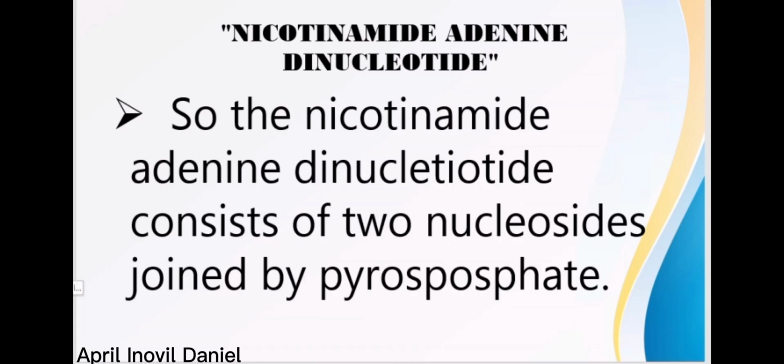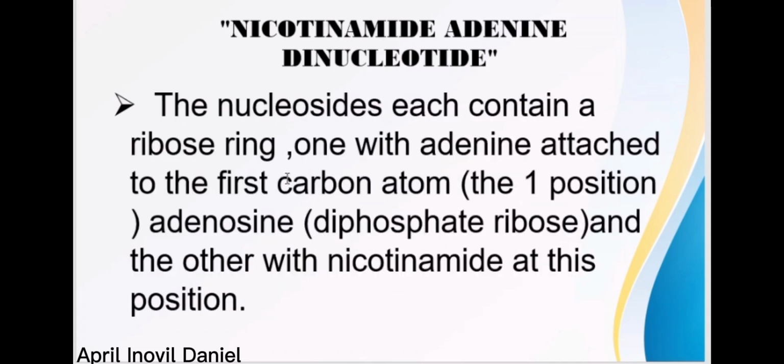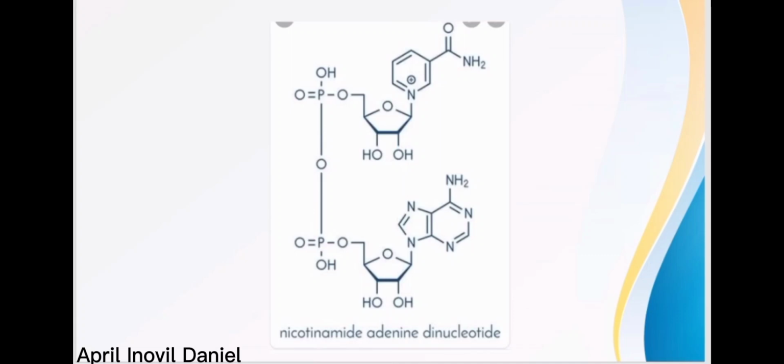The nucleosides each contain a ribose ring, one with adenine attached to the first carbon atom in the one position, and the adenosine diphosphate ribose in the other with nicotinamide at this position. So this is a sample picture of the structure of nicotinamide adenine dinucleotide.